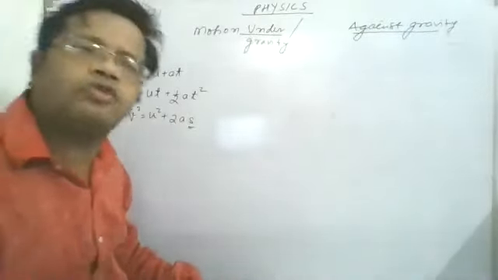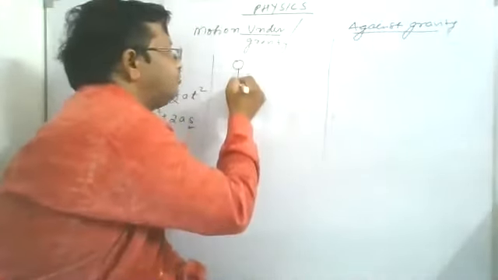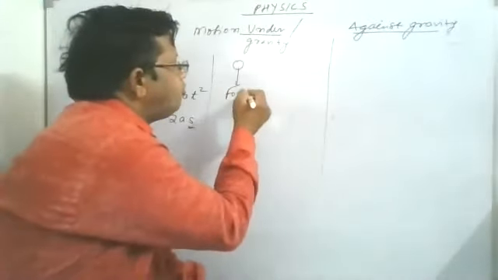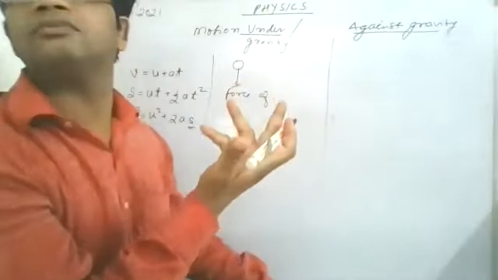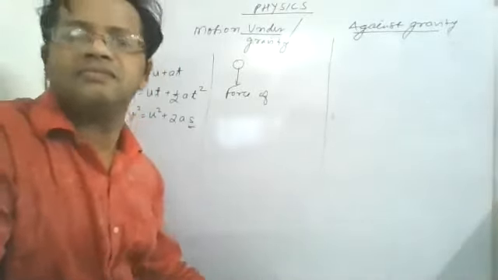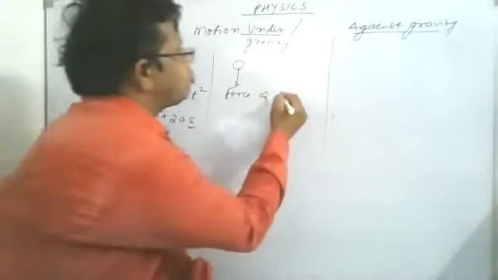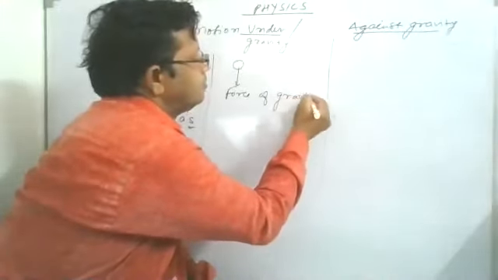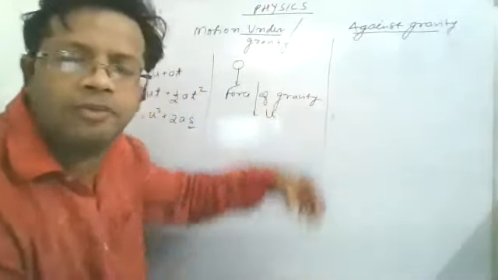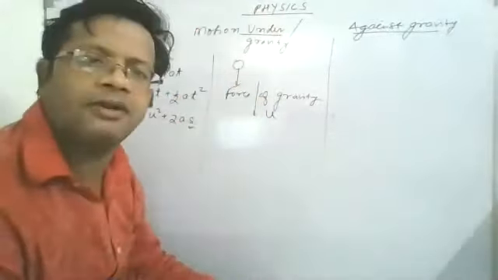In case of motion under gravity, any body is falling vertically downward. Since the force of gravity is acting in the direction of motion, in the direction of initial velocity, if we let any body fall down, the velocity is in the direction of motion.